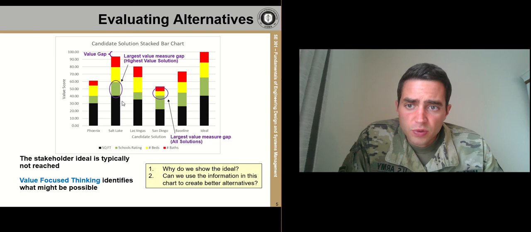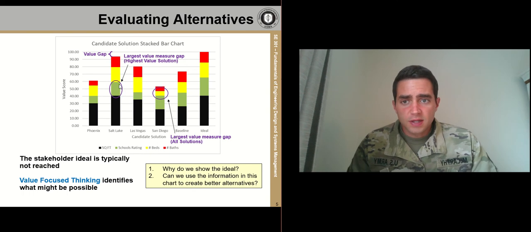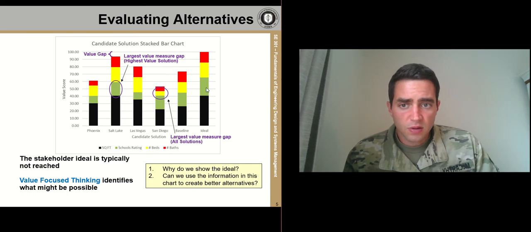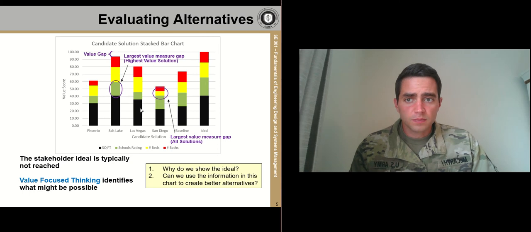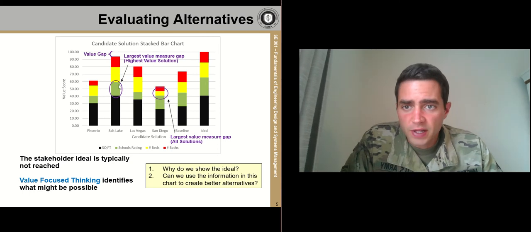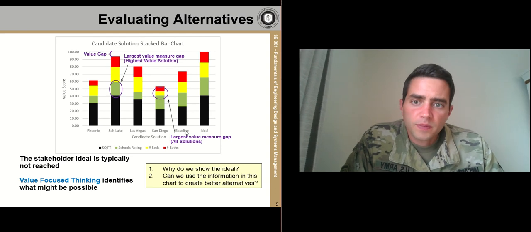So in this stacked bar chart, schools rating does not achieve the ideal as well as the other value measures achieve the ideal. So we're going to try to target schools rating to make this alternative even better.